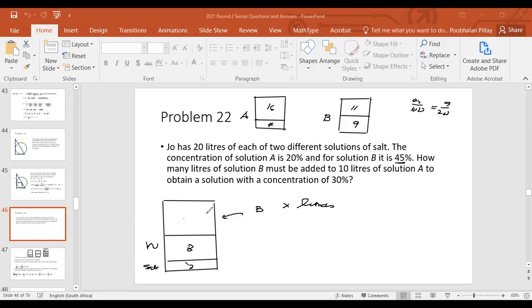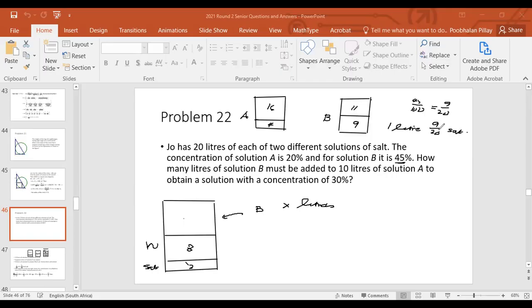So I want to know how much salt has been put in here. According to this figure, 9 out of 20 liters contain salt. What does that mean? I want to find out what happened in 1 liter. So 1 liter of this mixture will contain 9/20th salt.